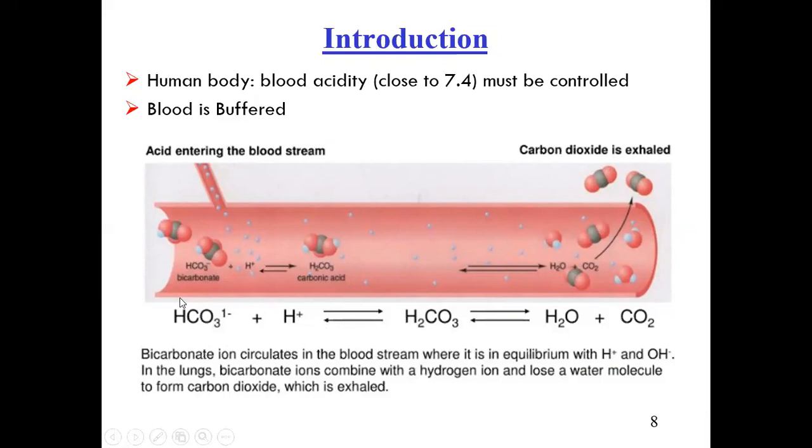You're going to see that hydrogen carbonate acts as a base, picking up any excess H+ in case there are excess protons in our blood, converting it to carbonic acid, which then ends up being CO2, which is exhaled through our lungs.